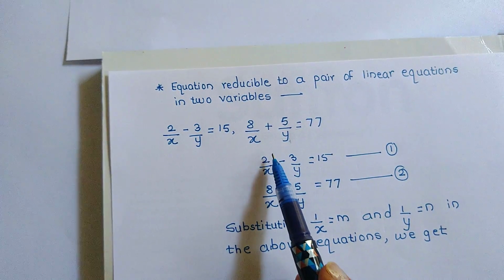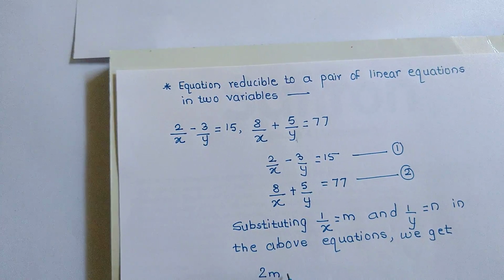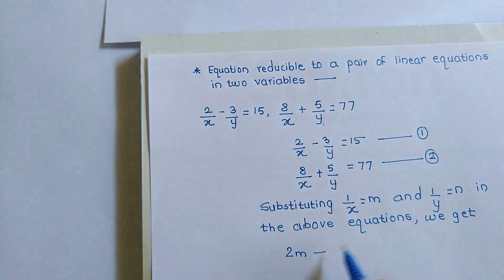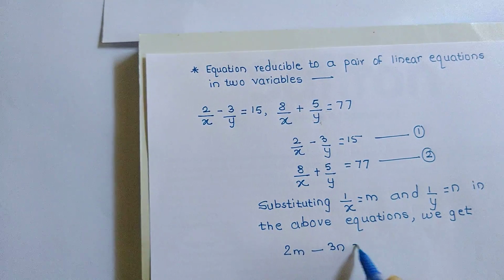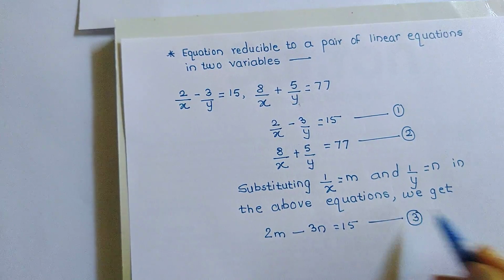In the first equation, 2 upon x will be written as 2m, minus 3 upon y will be written as 3n. 15 will be as it is. Give it equation number 3.